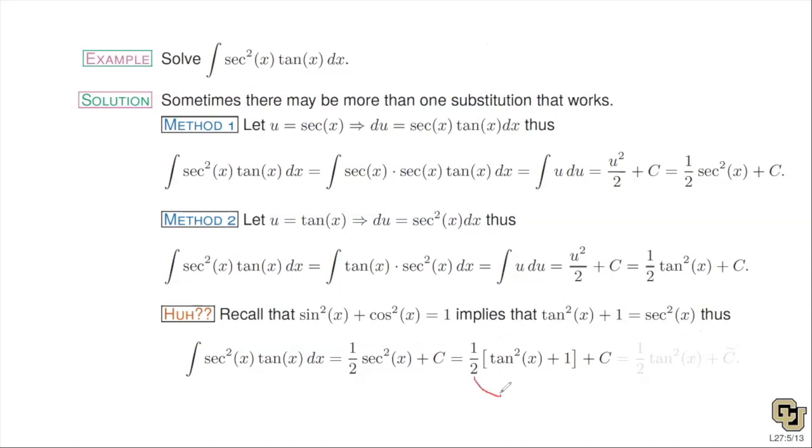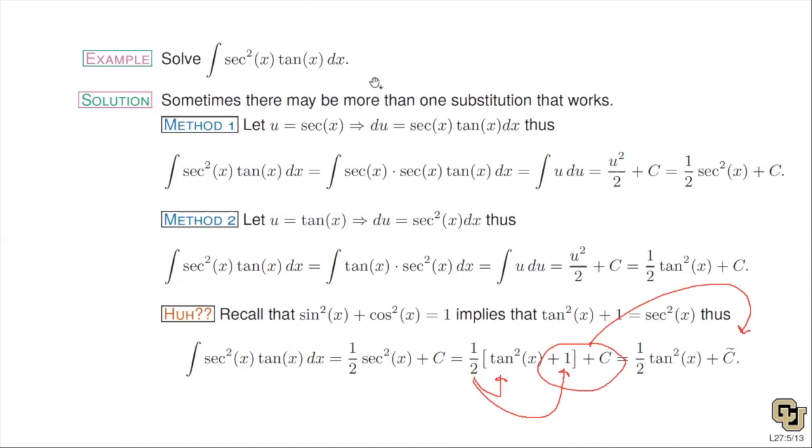And now I distribute this 1/2 to each term. And here I'll have 1/2 plus c. And 1/2 is a constant, c is a constant. So 1/2 plus c will be a new constant that I'm going to call c tilde. And here we get back our other answer.